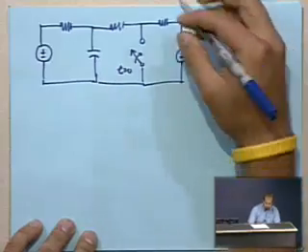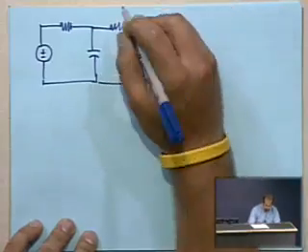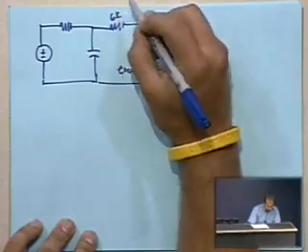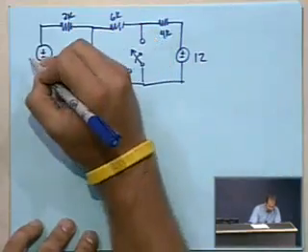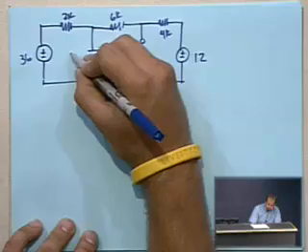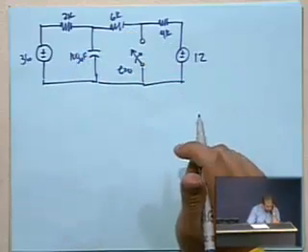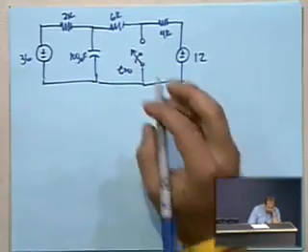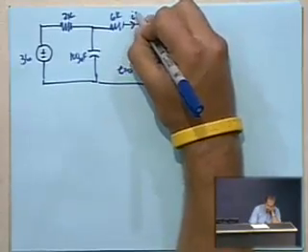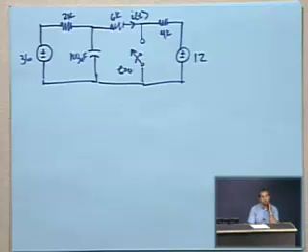So this was 12 volts, 4K, 6K, 2K, 36 volts, and this is a 100 microfarad capacitor. And what we want to find is the current up here, the current running through the 6K resistor. That's what we want to find.